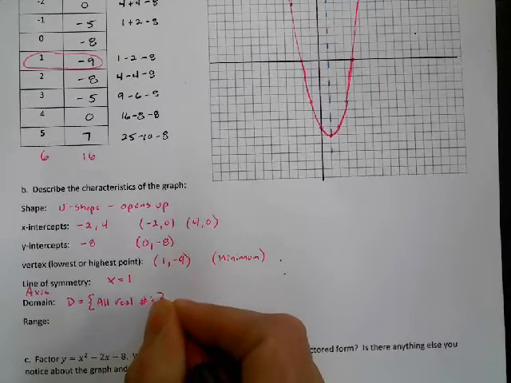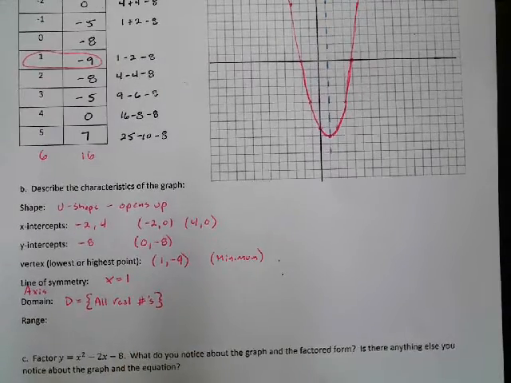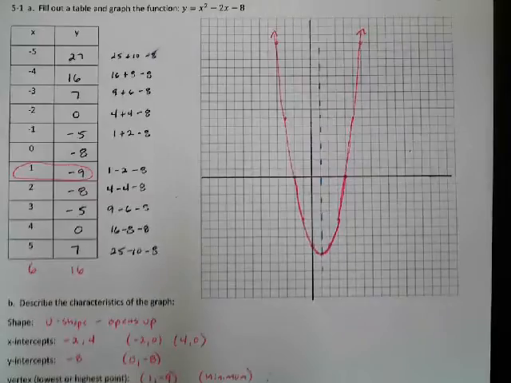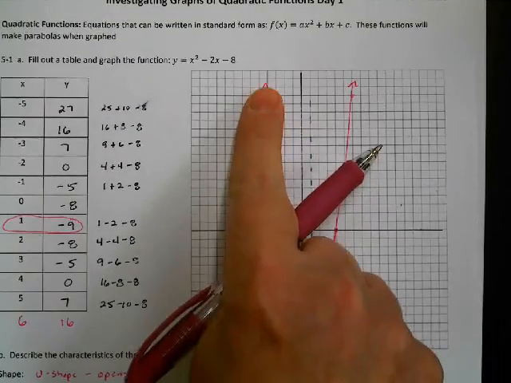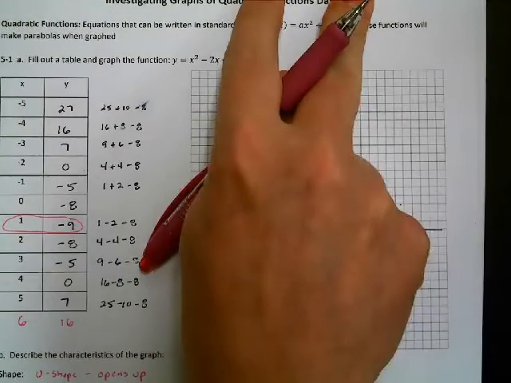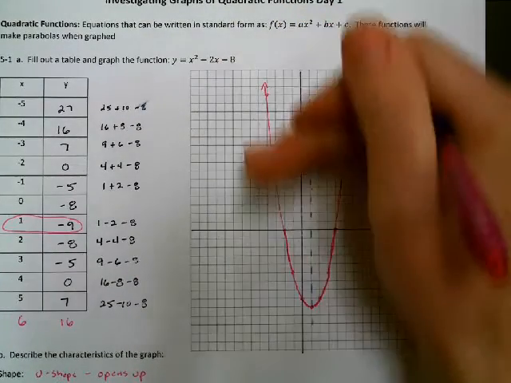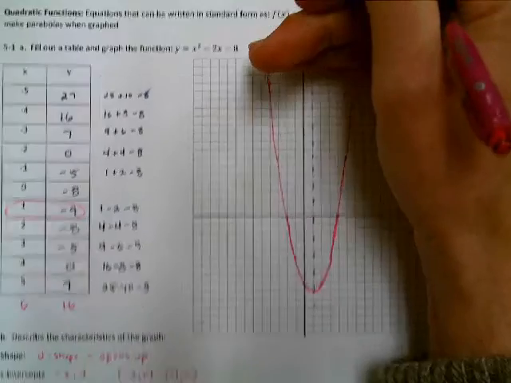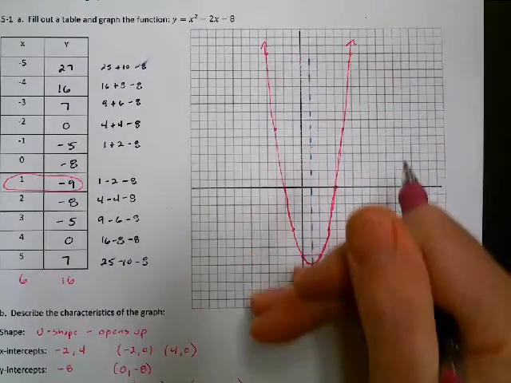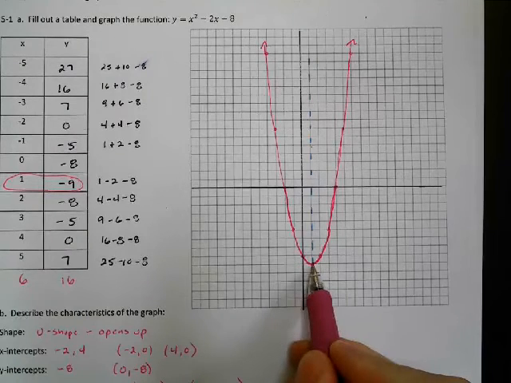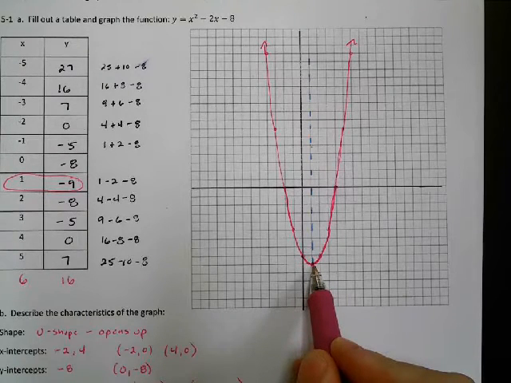The range. The range are the y values. Now the range does have some limitations. So our y values, I can see here with these arrows that it's going to go up forever. So our range up here is unlimited. It's going to keep on going forever and ever. But there are some values that our y values are never going to hit. We can see here that we had a lowest point at -9 because range we're talking about are y values.